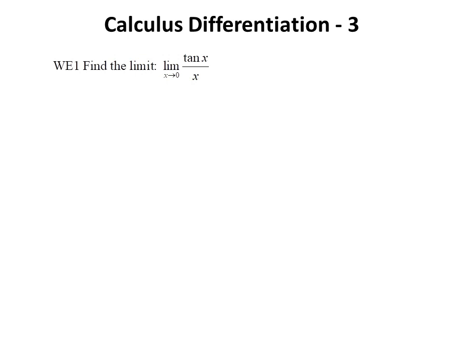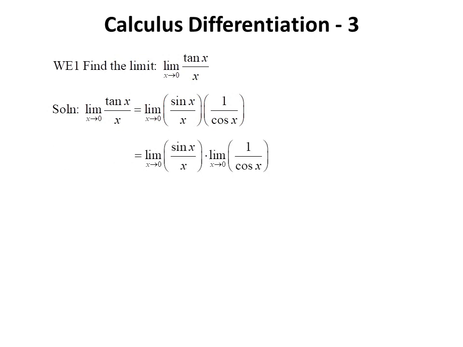Example 1 is to find the limit of tangent x over x as x approaches 0. Since we have already known the limit of sine x over x as x approaches 0 equals 1 in the past video, the limit of tangent x over x as x approaches 0 is written to the limit of sine x over x times 1 over cosine x as x approaches 0.